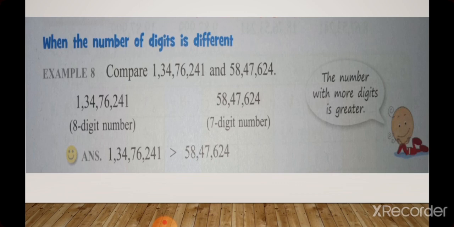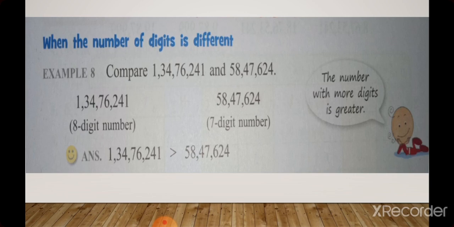After writing this number, write the second number, that is 58,47,624. Now count the digits of the first number. In the first number we have totally 8 digits. Next, in 58,47,624 we have 7 digits.